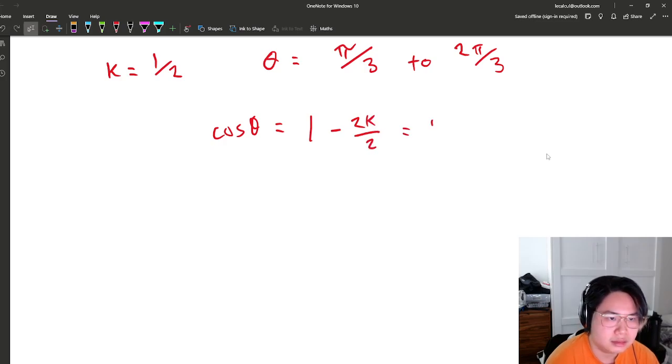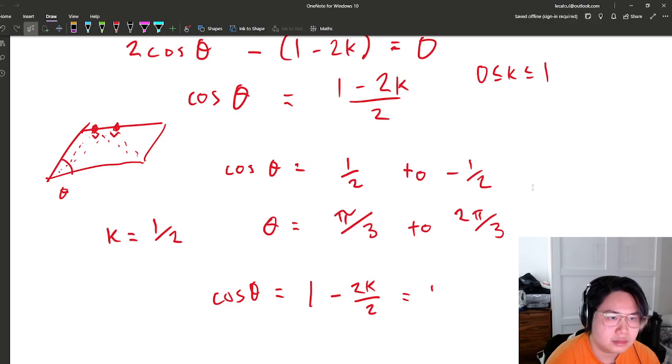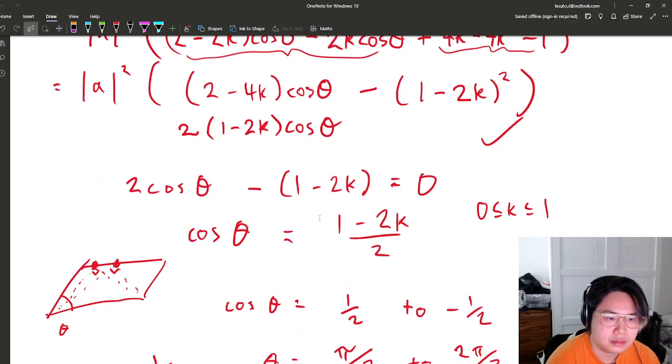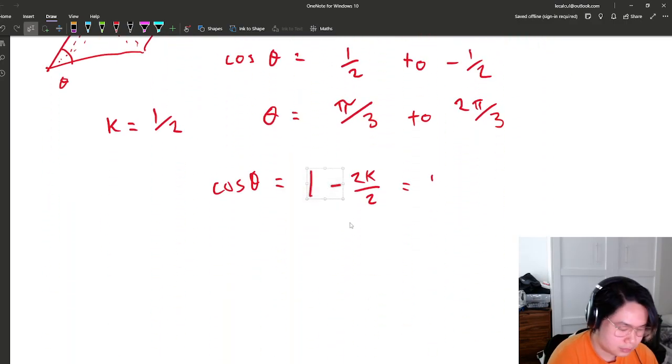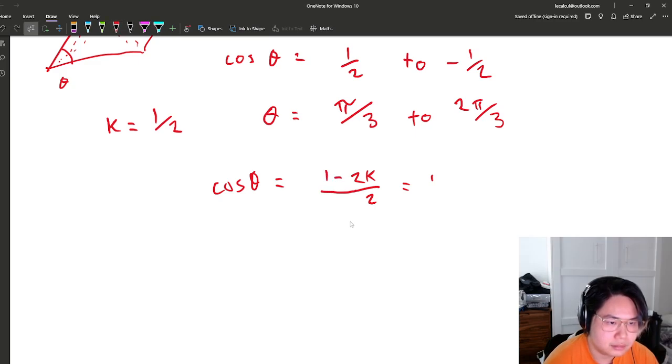So okay, if k is 1/2, then this is 1, so you'll have cosine 0.